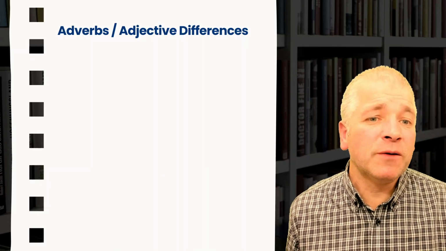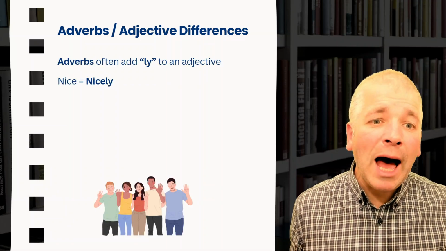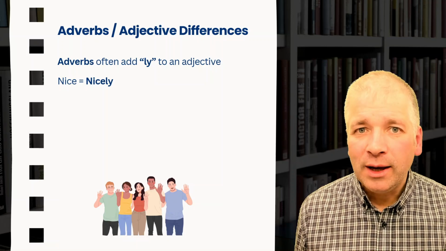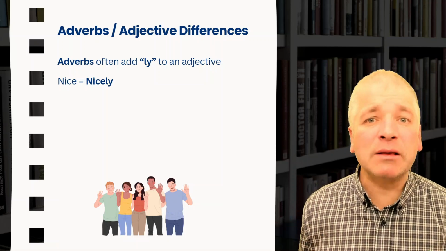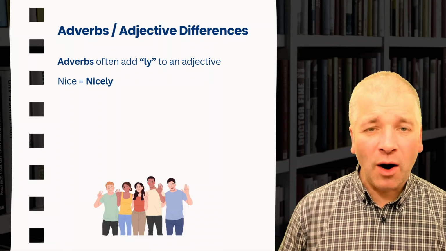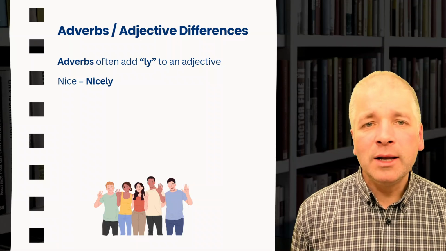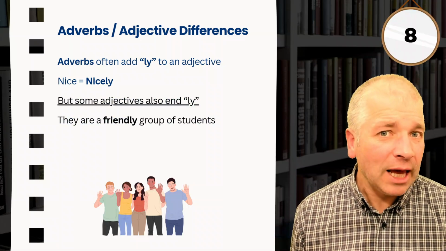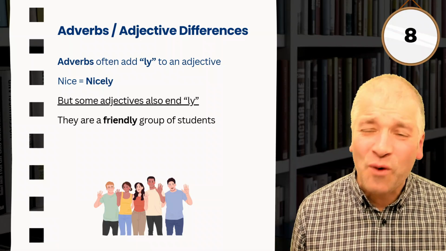Sometimes there can be some confusion between adverbs and adjectives. Now, adverbs often add ly to an adjective in order to become an adverb. So nice can become nicely. We take the adjective nice and we turn it into an adverb by adding ly. But the complication here is that some adjectives end in ly anyway, such as friendly.